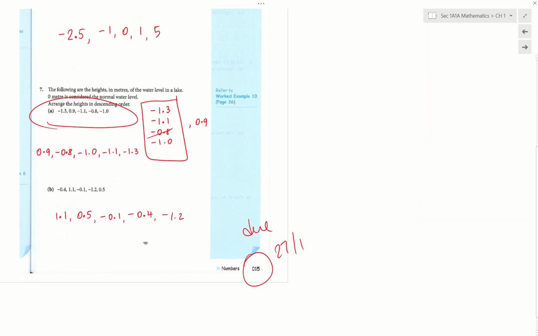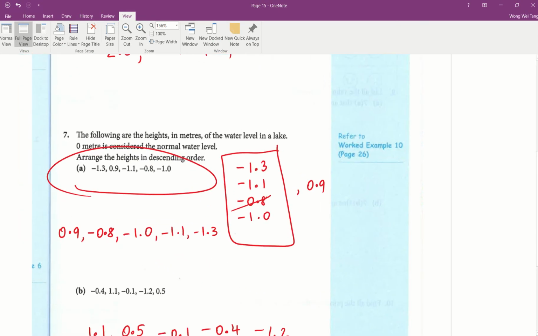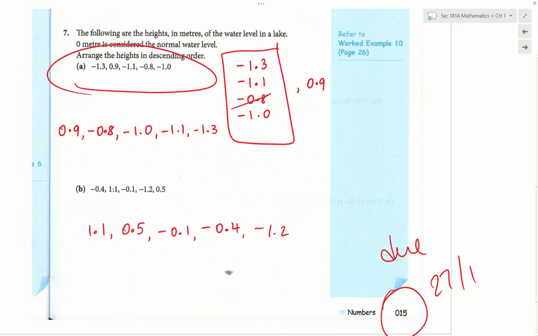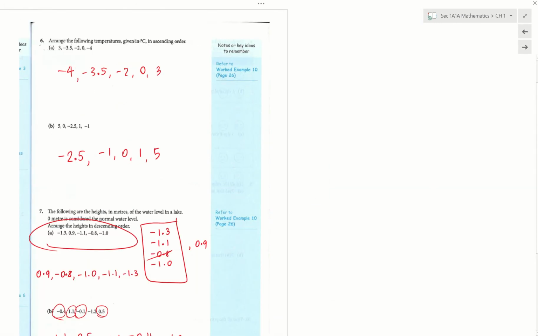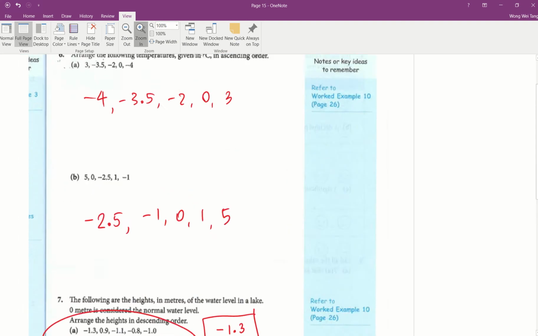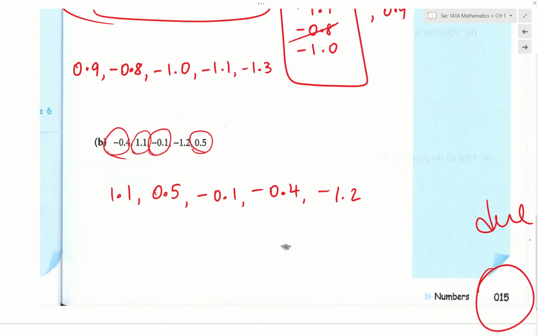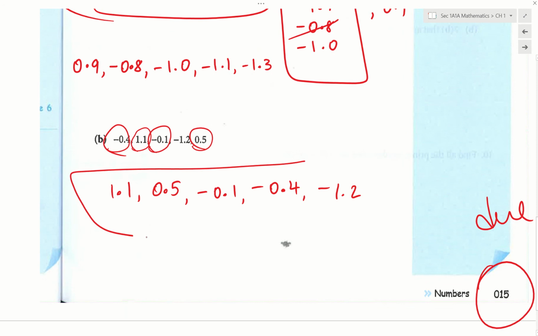So where are the numbers that are greater than or equal to negative 0.5? From left to right, this is our one number. This is another number. This is another number, right? Any more or not? Did I miss out anything? This one also. Negative 0.4 as well, right? Because they said I want numbers that are greater than or equal to negative 0.5 meters. These are all the numbers.